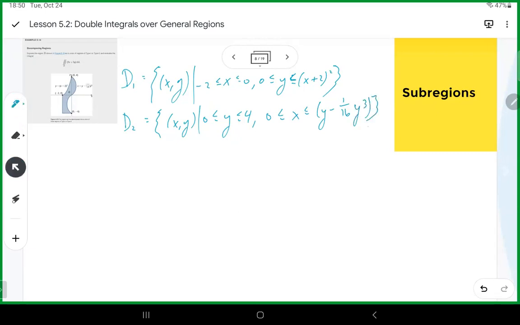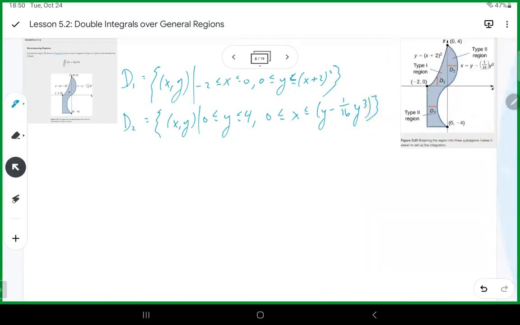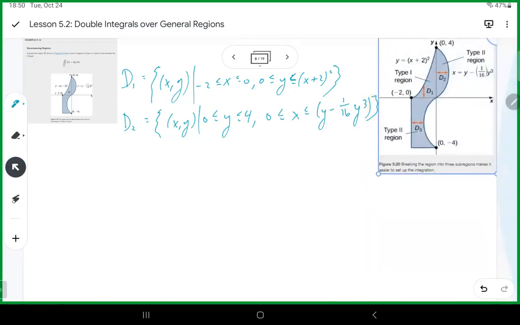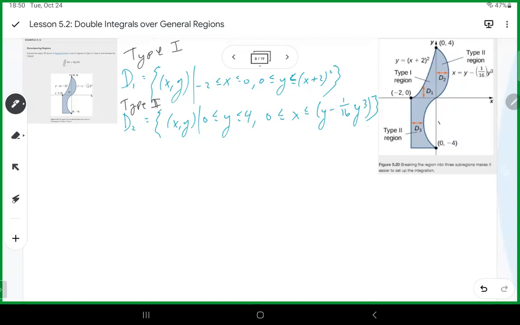All right, and then take a look at this guy. It is showing you that third region. So here D1 is type 1, and D2 and D3 are both type 2. So type 1, type 2, and type 2.